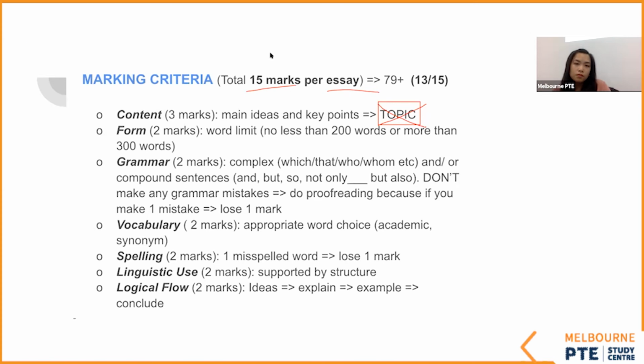Think. Online student, what do you think? 12. Yes, what do you say, Anjali? 12? 0? You think you're gonna get 0? No. No? So how many marks do you think if your essay is off track?